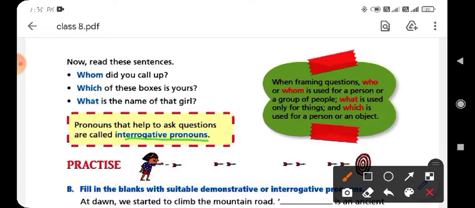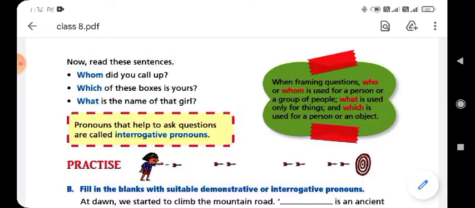When framing a question, who or whom is used for a person or a group of people, what is used only for things, and which is used for a person or an object. Okay, here is the framing of the question, who or whom.